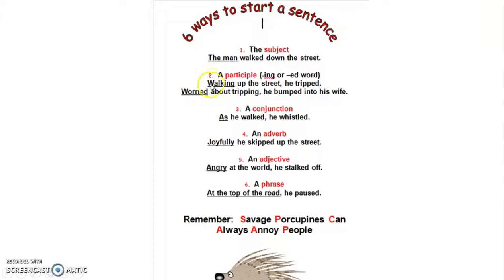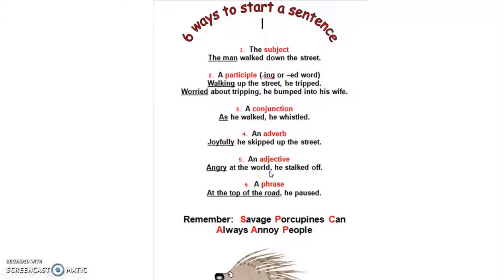This one's much better because we've got a complex sentence here, "walking up the street", always having a comma after the dependent clause. "He tripped." And here, lots of different types of complex sentences. Please remember, if you start your complex sentence with a dependent clause, a bit that doesn't make sense on its own, you've got to use a comma.